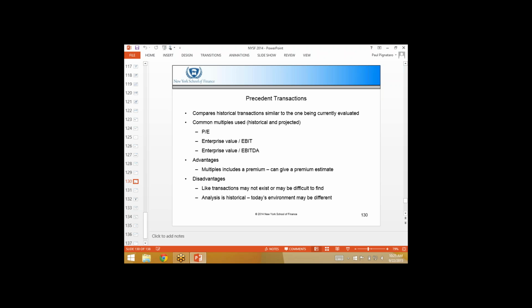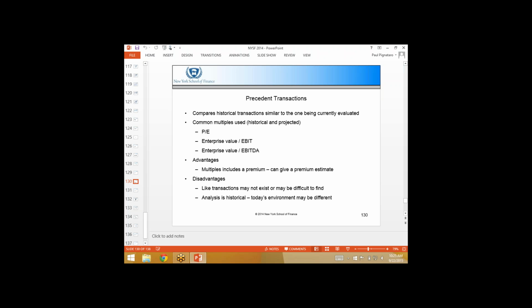So you'd look at other similar companies and the prices people have paid for those businesses on a multiple basis. These companies sell for 2 times revenue. They sell for 7 times EBITDA. So that means your company could be worth 7 times EBITDA.